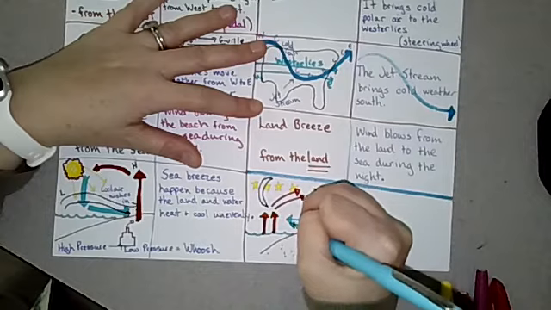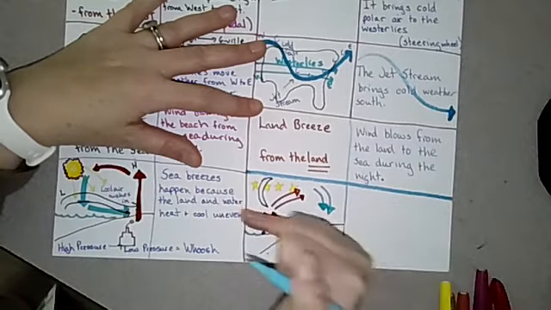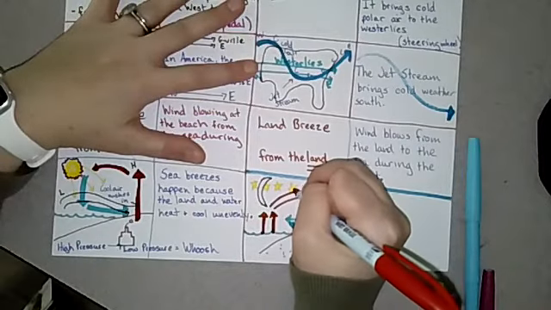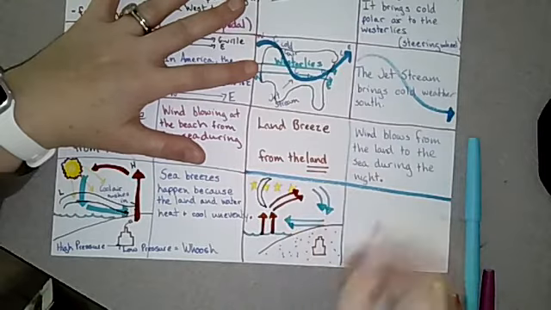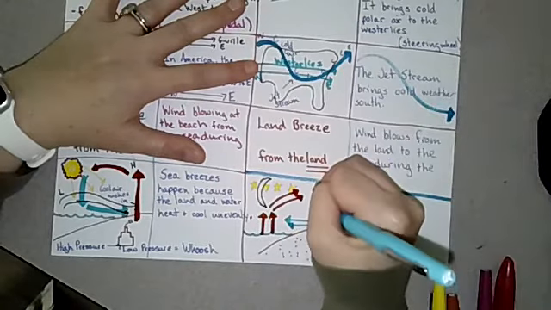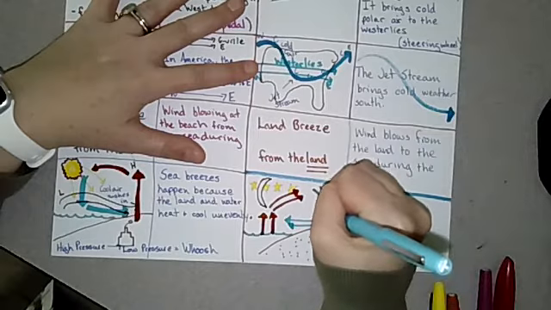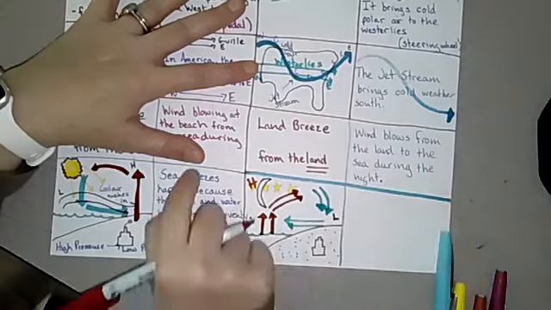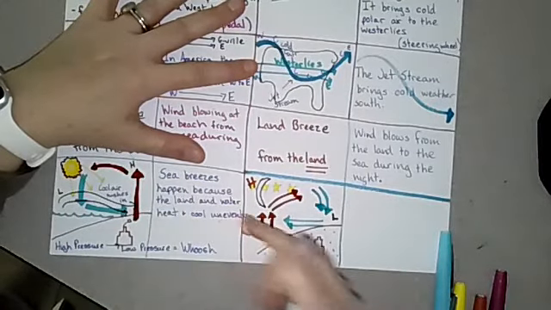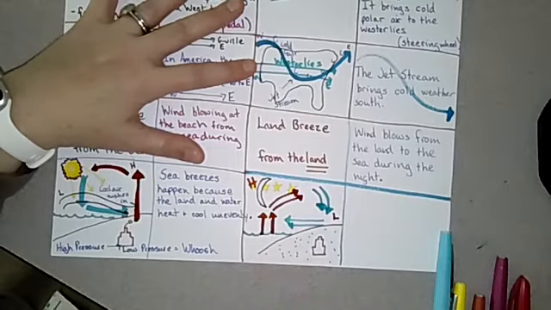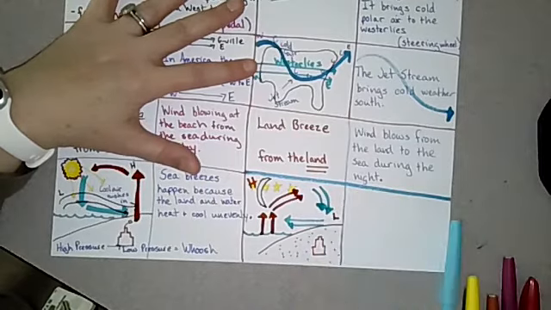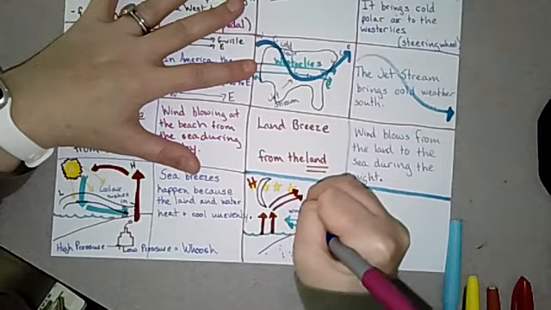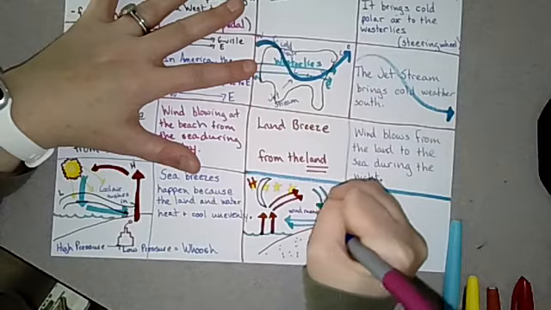Now the wind is blowing that way. The heat rose off the water, sank when it cooled off, and then you've got your high pressure to your low pressure. Whoosh! And now the wind is blowing towards the sea. The wind rushes to sea.